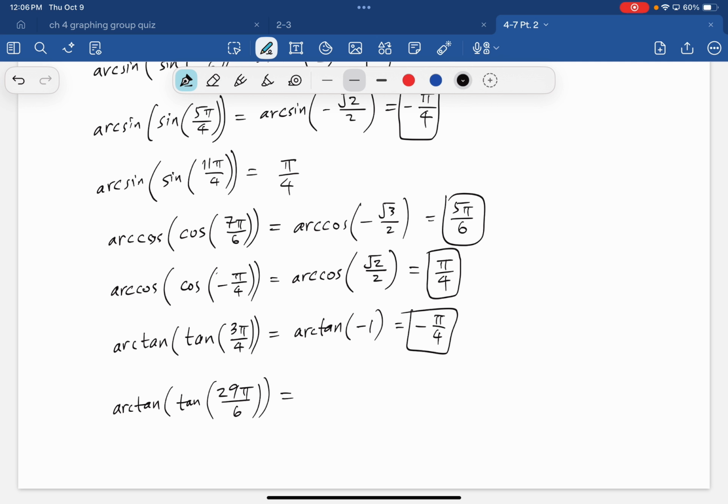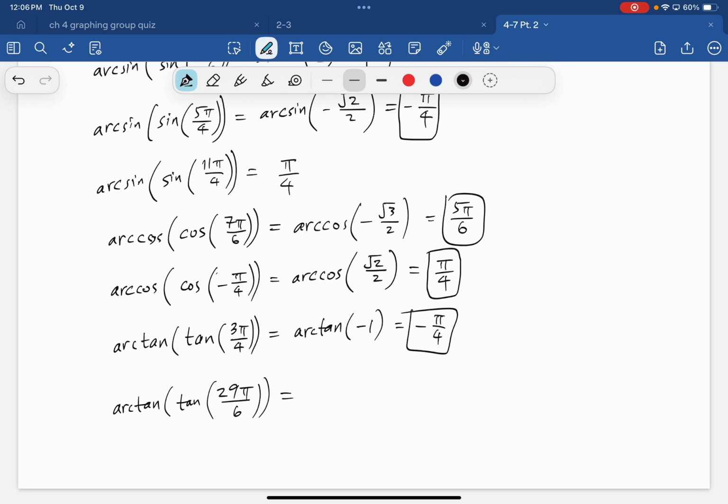But you're right that 29 pi over 6 does reduce to 5 pi over 6. So 29 pi over 6 minus 4 pi gives negative pi over 6. We're allowed to do that because 4 pi is a multiple of 2 pi. If we had subtracted 5 pi, that would be wrong because it's not a multiple of 2 pi. So 6 pi is good, 6 pi works.